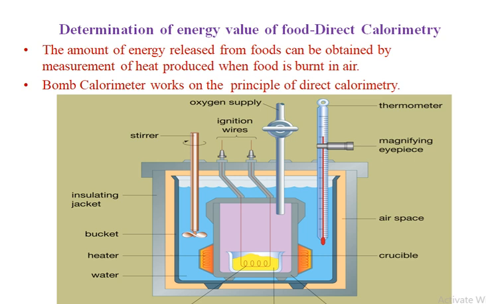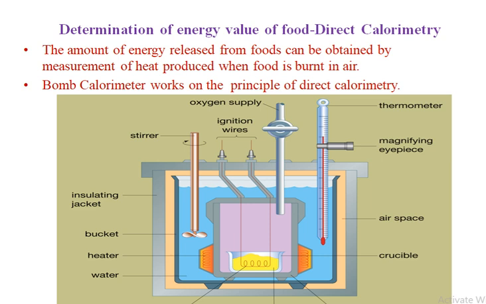Now let's see the determination of energy value of food by direct calorimetry. The amount of energy released from foods can be obtained by measuring the heat produced when food is burnt in air. And in our body, when the food gets burnt with the help of oxygen, energy is released.